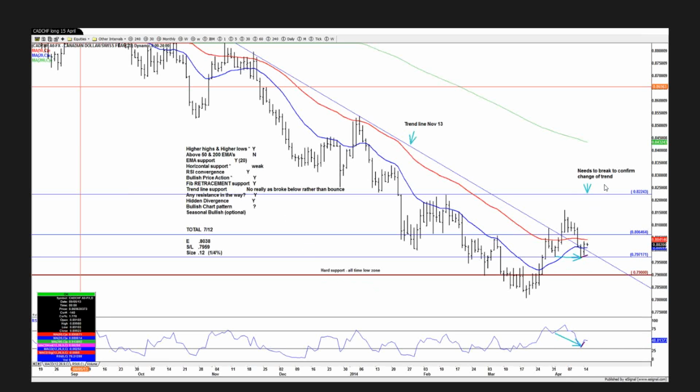Yeah, I would say this one in terms of changing the long-term trend, but that is a significant high. Entry at 88.3, stop loss. Okay, you're looking to go long.